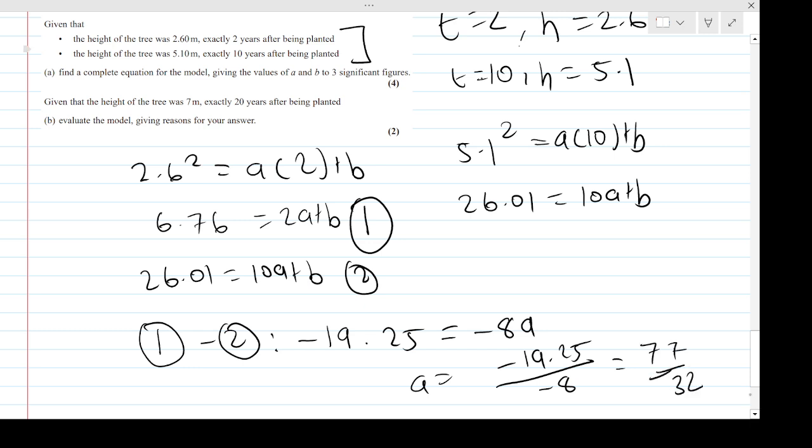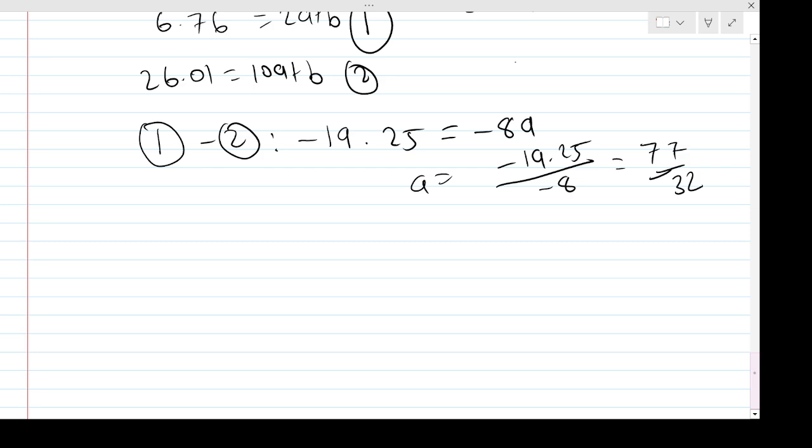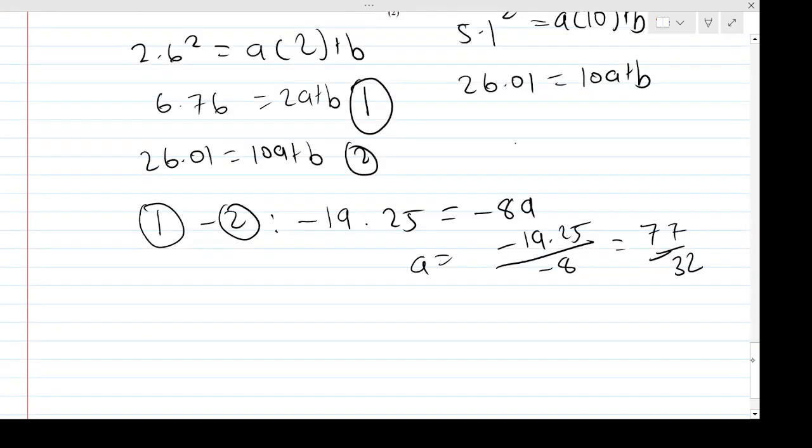I know it says to round to 3 sig figs, but I need to find b, so I need to substitute a exactly as it is to not get any rounding error. So I don't round too early. So I found a, and now I need to find b. I can substitute that into any equation, one or two. Let's substitute it into the first one. Okay, so sub a into equation 1.